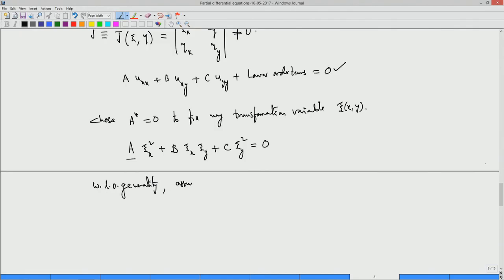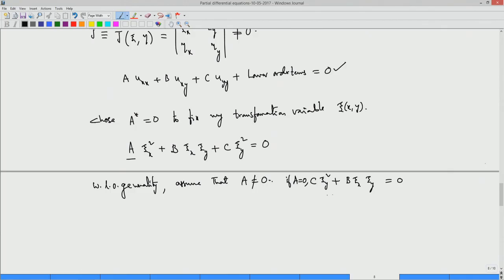If a is 0, then I can write c xi y square plus b xi x xi y equal to 0. So, you can assume that a is non-zero. If a is 0, this is what it becomes.